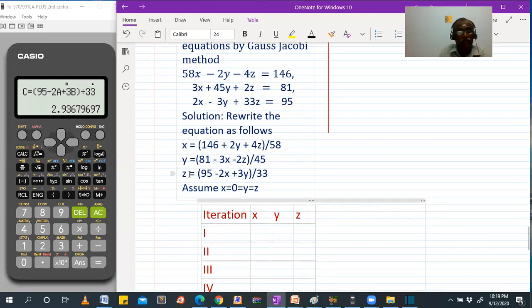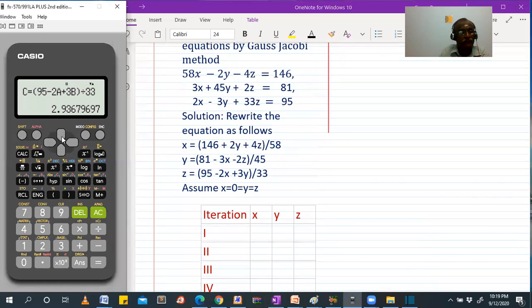Now, I am going to explain how to implement this in the calculator, for which I take x equal to a, y equal to b, z equal to c. And this a can be obtained by alpha, then the minus symbol will give you a.